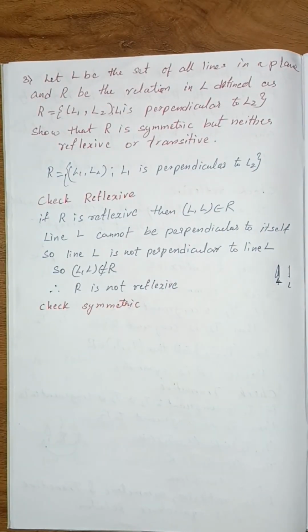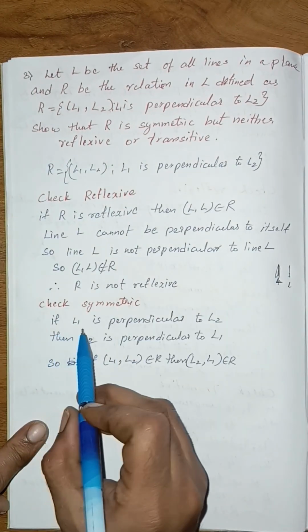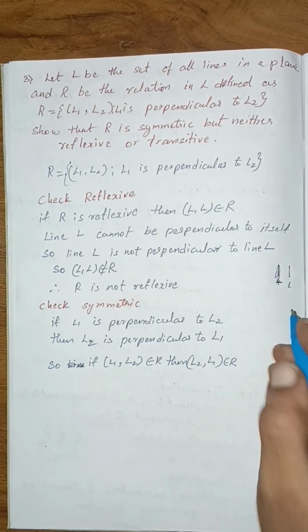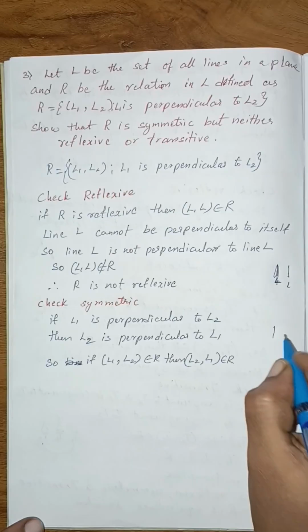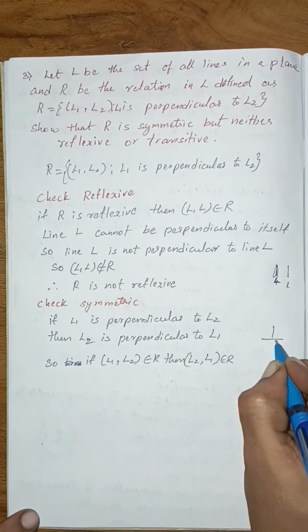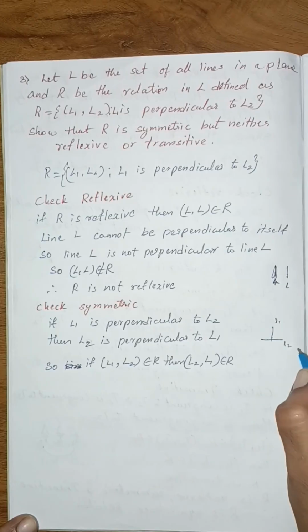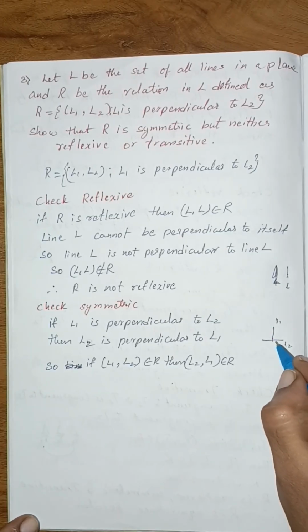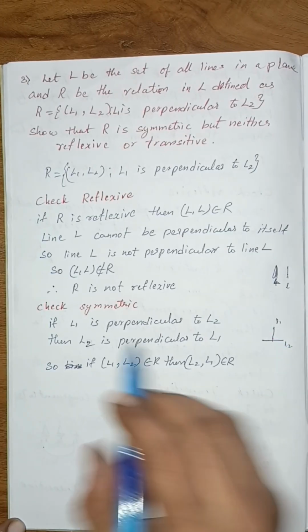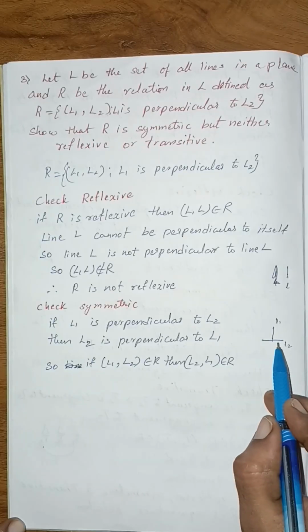Check for symmetric. If line L1 is perpendicular to L2, we consider this as line 1 and this as line 2. So this is my L1 and this is my L2. L1 is obviously perpendicular to L2.